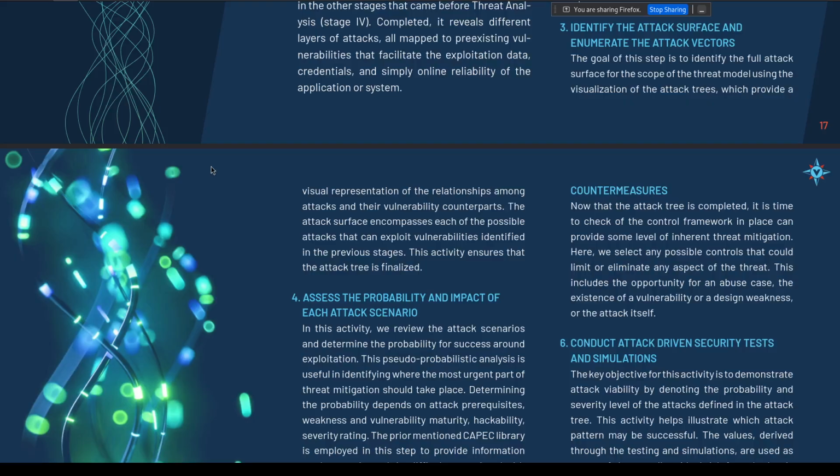And then in the next activity, we assess the probability and impact of each attack scenario. This helps us perform a little bit of risk assessment. So here we try to identify the probability of the attack taking place. For example, let's say we identify an internal application that we threat model, and it has a SQL injection vulnerability.